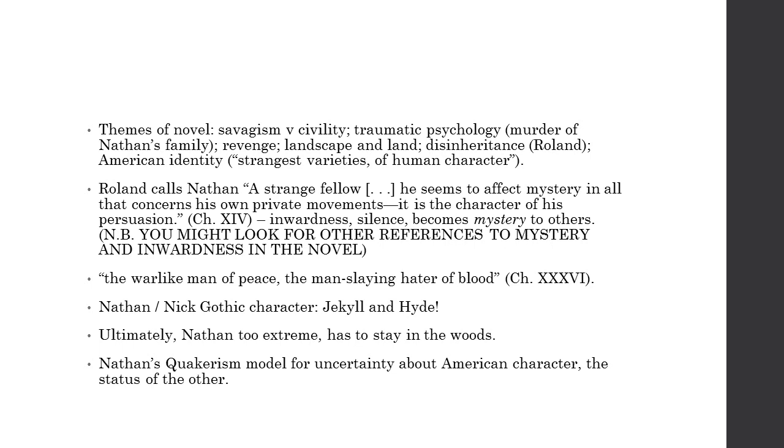And we get the same thing here, much more extreme, in the character of Nick. So what I'm suggesting is that Nathan's Quakerism becomes a model for uncertainty about American character, the status of the other. It seems to ask, if even a Quaker can turn out to be a psychopathic killer, how on earth are we supposed to trust anybody?